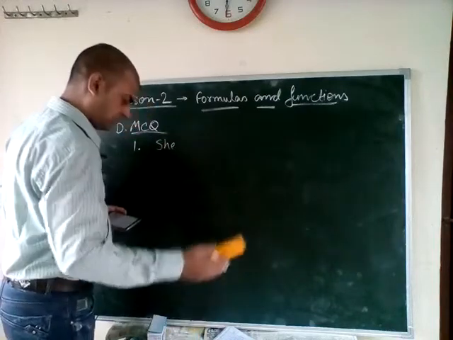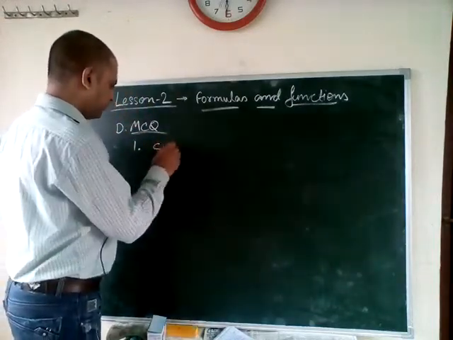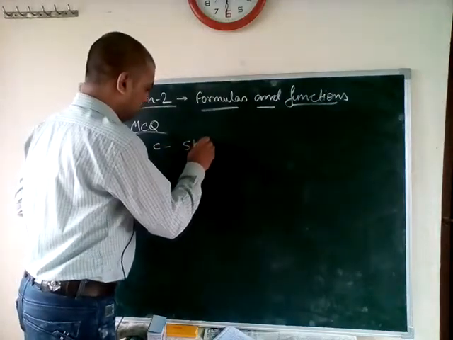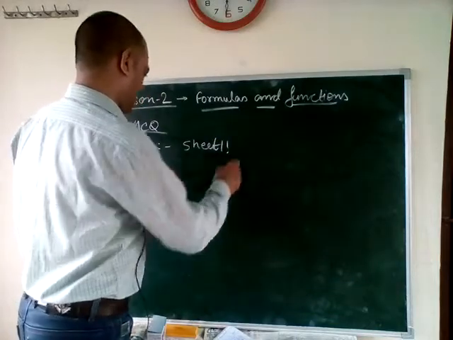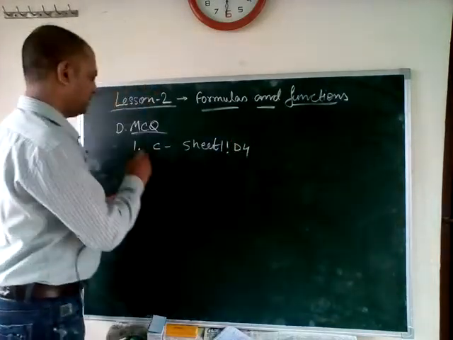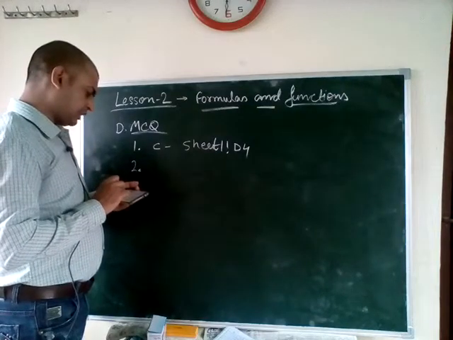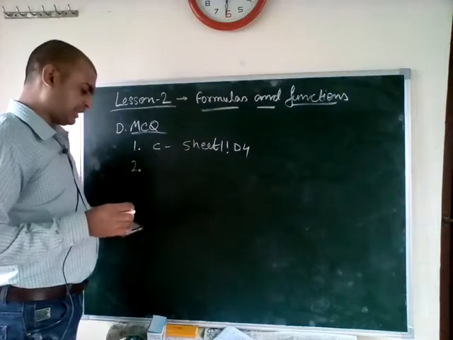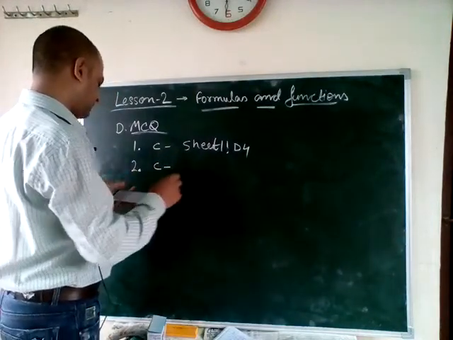I am giving you the option also. This is the C option, Sheet1!D4. Now 2, which key combination is used to get the sum of the values of the adjacent cell? This is also the C option, alt plus equal to symbol.